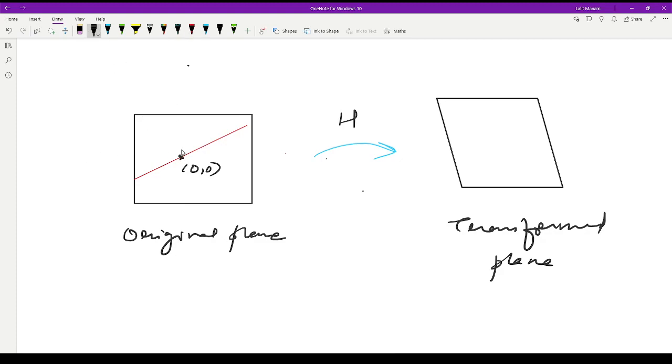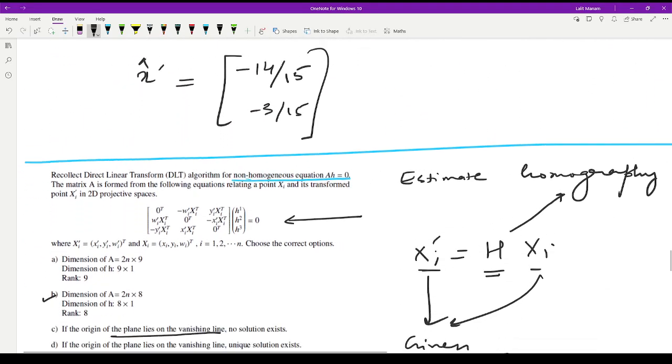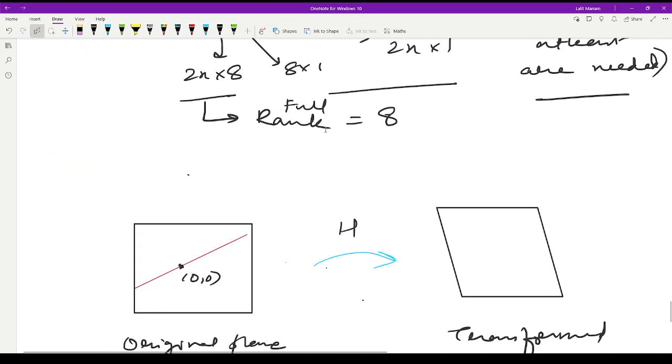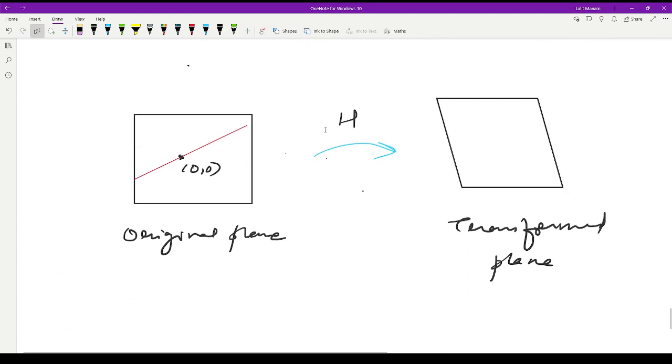The question asked is: is there no solution to this system of equations, or is there a unique solution? Can anyone tell? Any guesses? What does this vanishing line mean here?